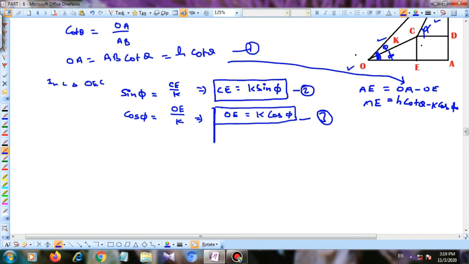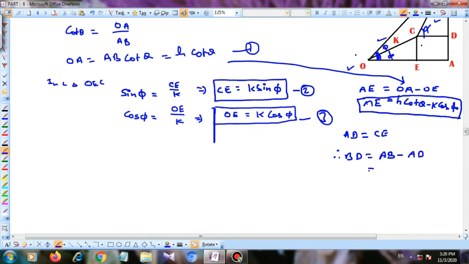So AE is this. Now AD equal to CE. Therefore, BD equal to AB minus AD.